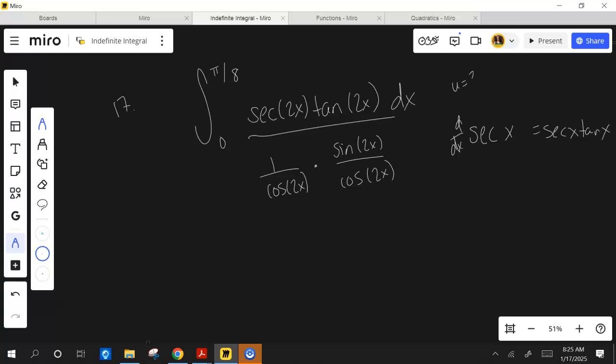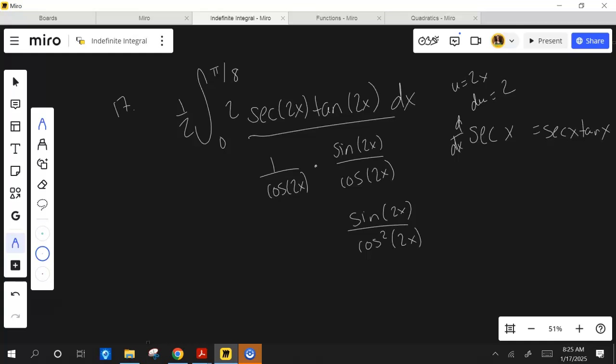You could let your u be 2x and your du be 2, counter it with a 1/2, right? And then you've got, okay. So y'all did that. I made it sine 2x over cosine squared 2x.